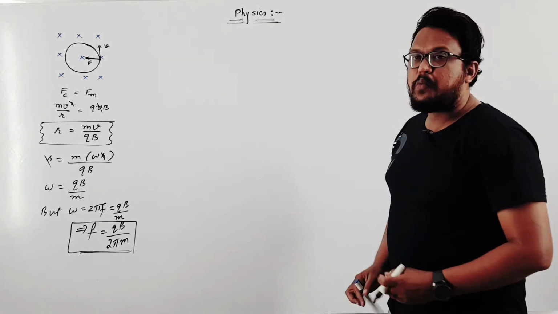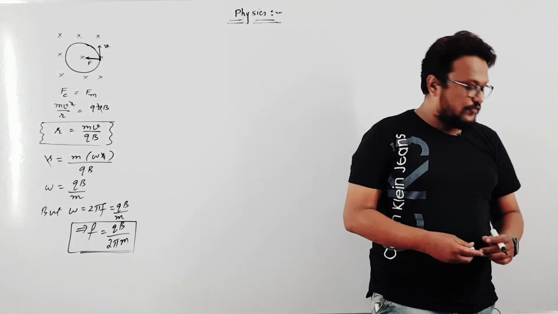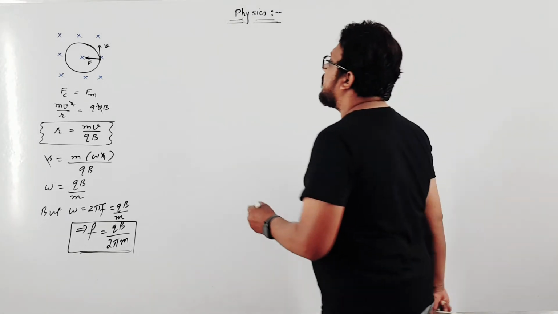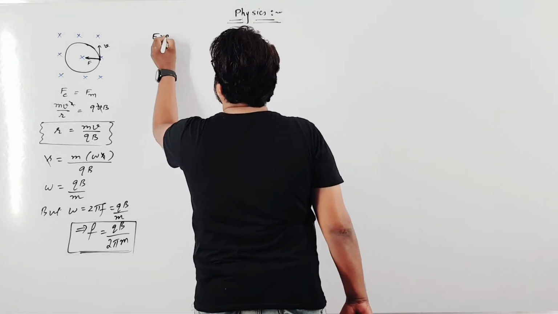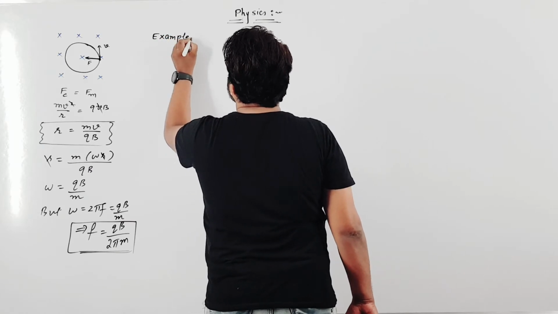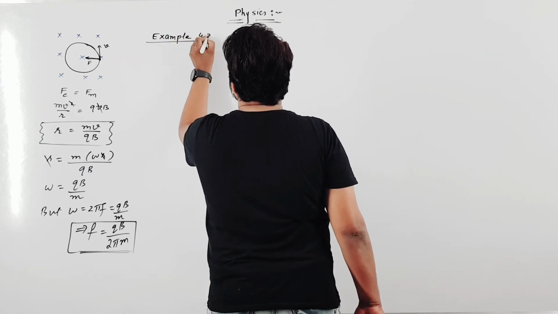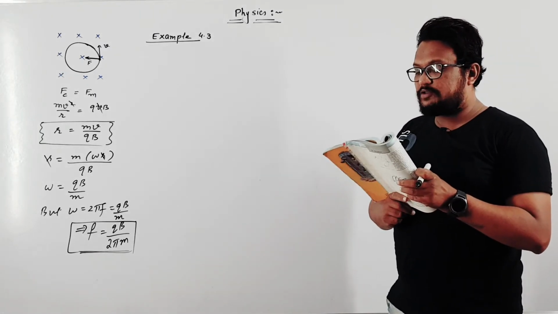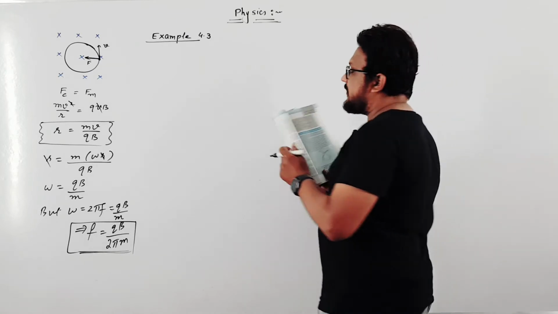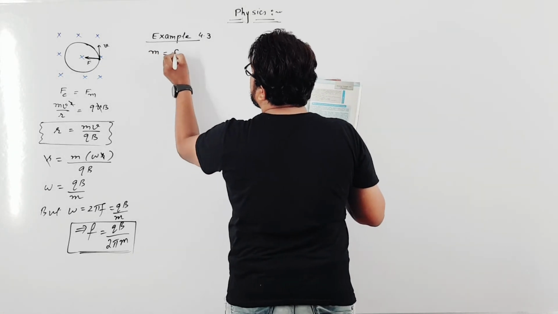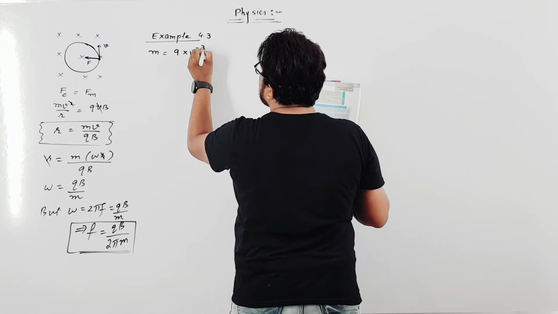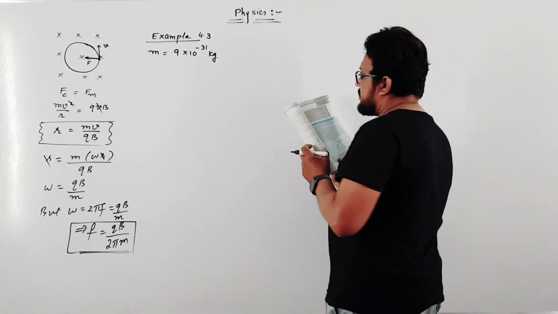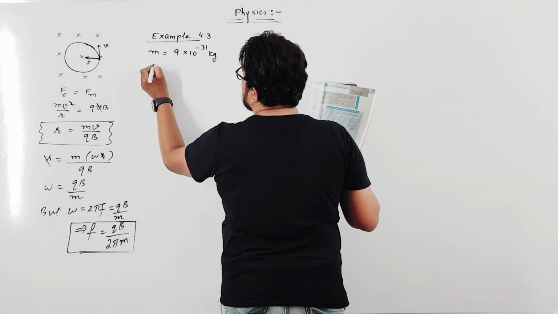Based on this, we have one example, that is solved example 4.3. What is the radius of the path of an electron? Mass of electron is given as 9 into 10 to the power minus 31 kg, not 9.1, right? And charge is given as 1.6 into 10 to the power minus 19 coulomb.